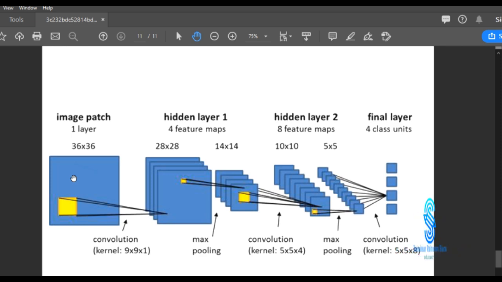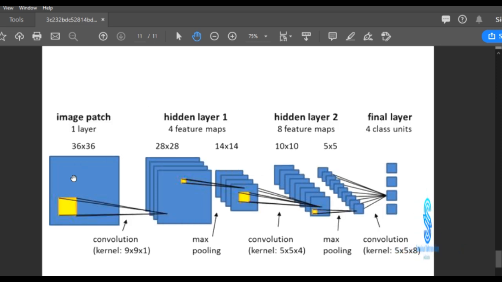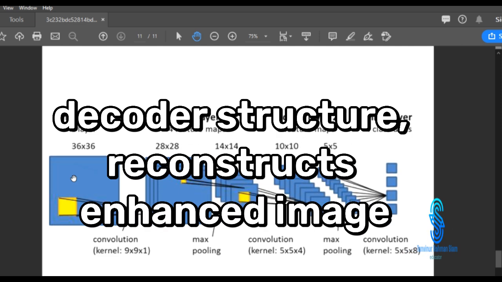While using the encoder, you will be reducing the spatial dimensions while extracting features. And in the decoding section, you will be reconstructing the enhanced image from these features.